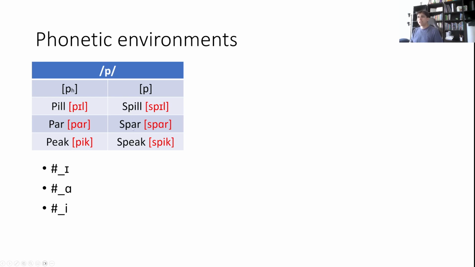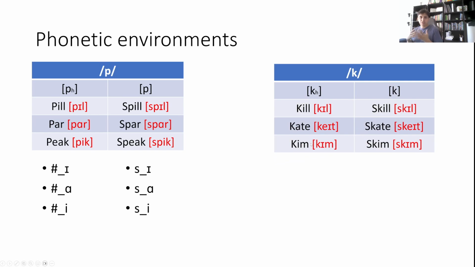However, if we check the sounds for the unaspirated P, this unaspirated P is going to appear right after this consonant. So the environment that I'm going to describe is going to be like this: S, then the sound that is represented with this lower score, and then the vowel sound. I can do the same with the T and the K. If you identify the environments of K, you're going to see that it's basically the same.